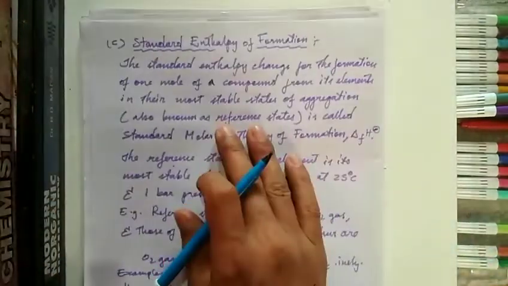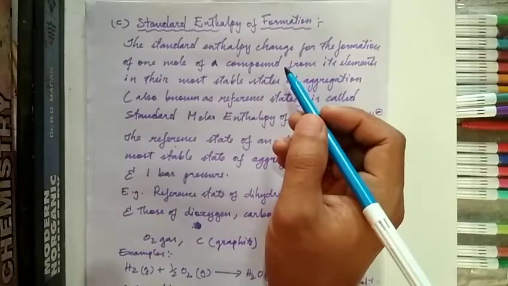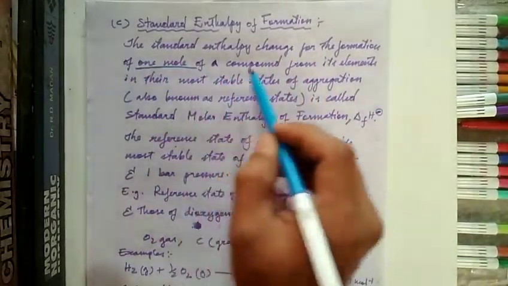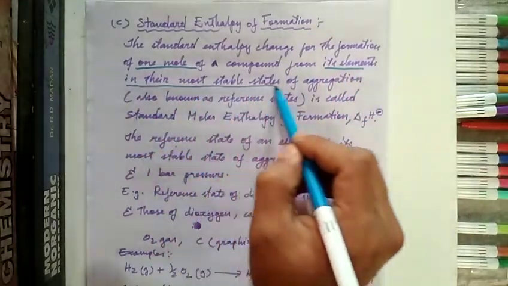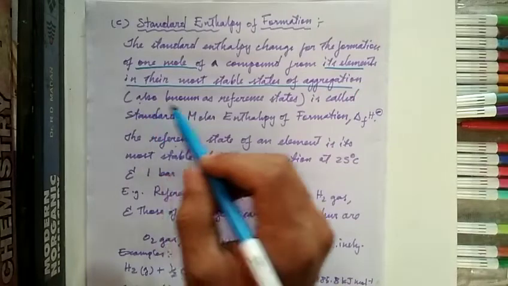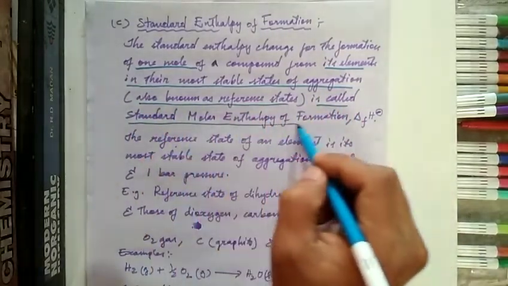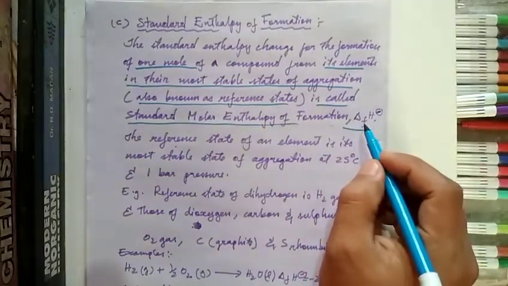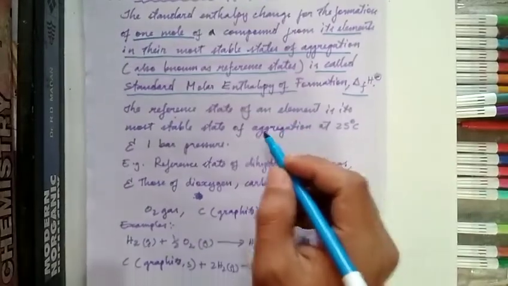Next one, standard enthalpy of formation. The standard enthalpy change for the formation of 1 mole of a compound from its elements in their most stable state of aggregation, also known as reference state, is called standard molar enthalpy of formation, denoted by ΔfH°.